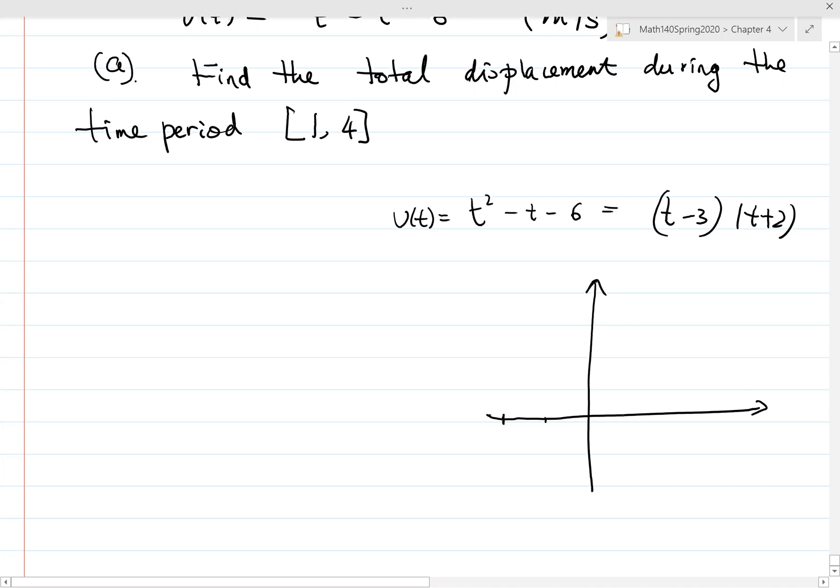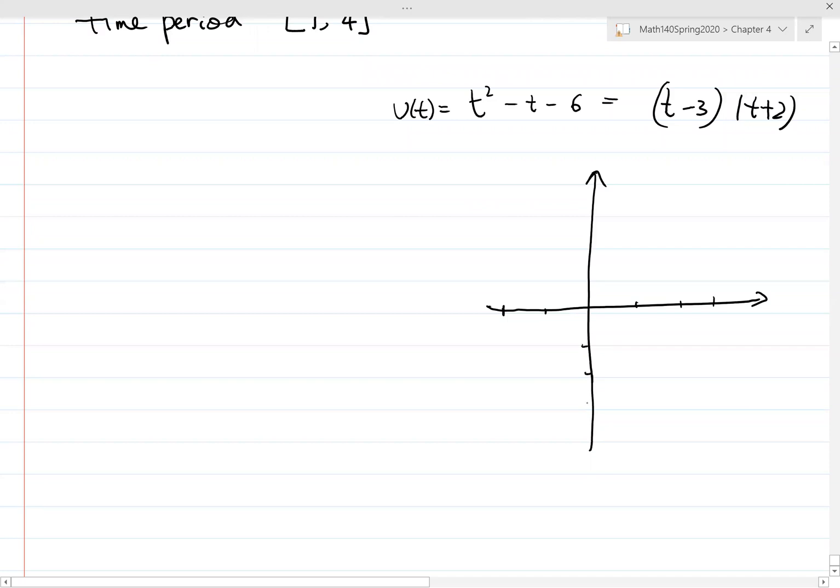When t is 0, this is negative 6. So it will look like this. We don't plot the part where t is negative. We start from t equal to 0. So this is negative 6, this is the t axis with 1, 2, 3, and this is v.